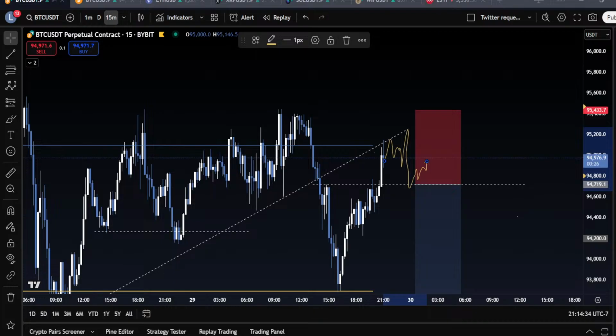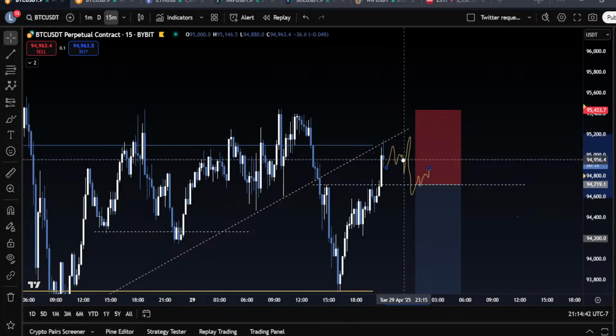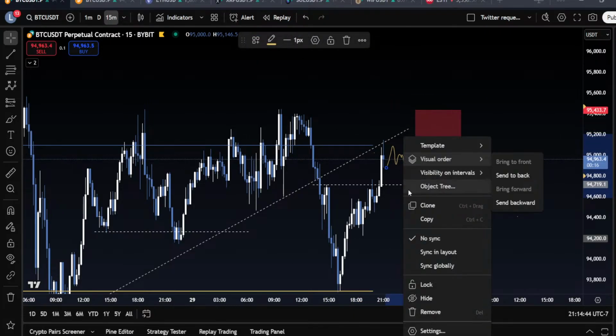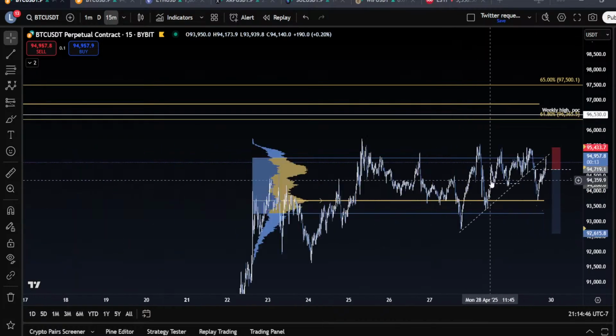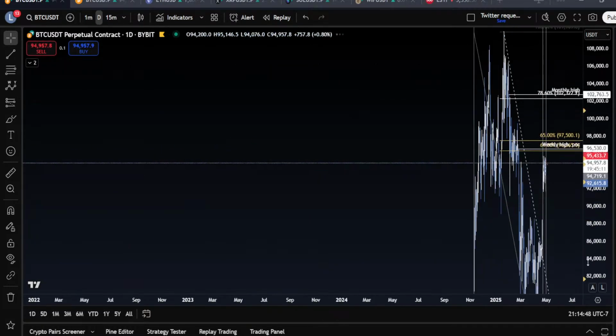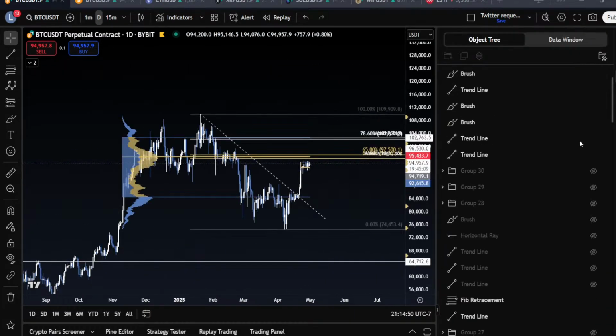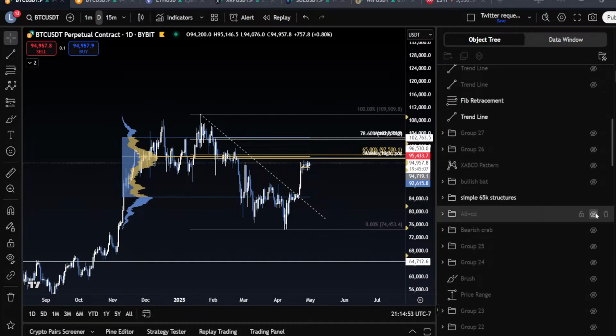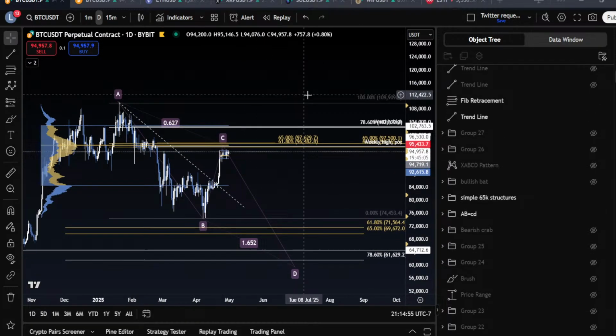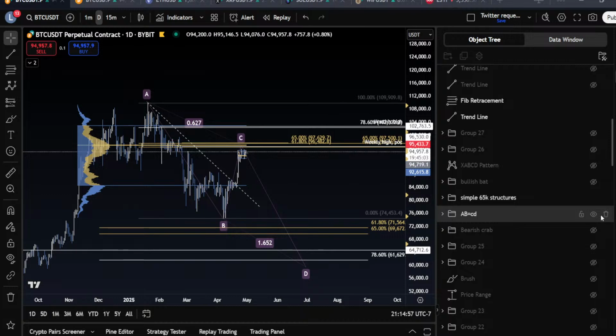I forget if I mentioned harmonics. Yeah, I think harmonics are interesting, and I use them in some cases. Some harmonic ideas here. Some bearish ones.